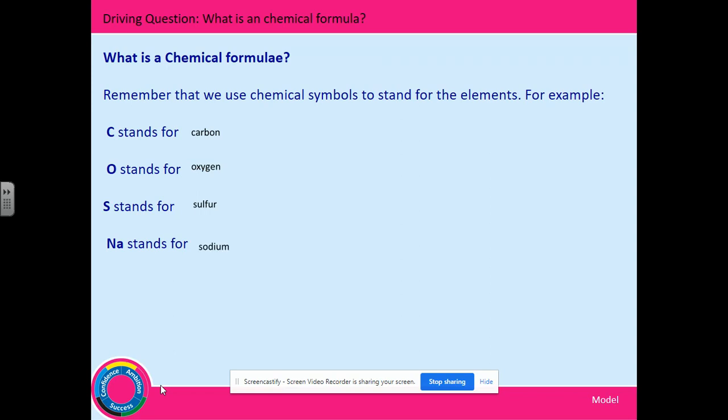If you want just to verify that these are correct, you can pause the video and pull up your periodic table. If you want to search for a periodic table, you can access the AQA periodic table of elements. That's the required periodic table that we'll be using.